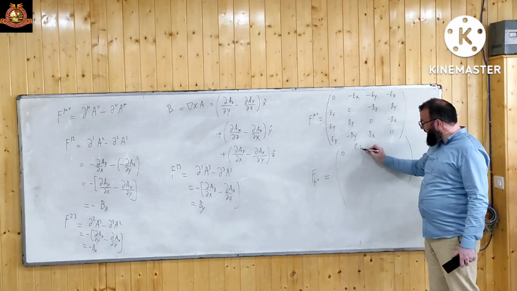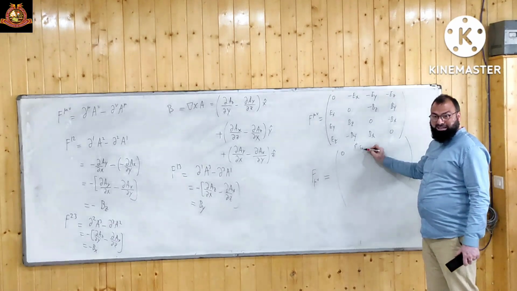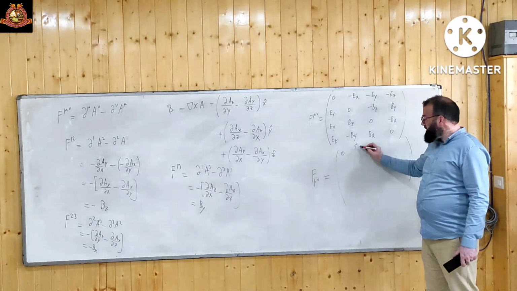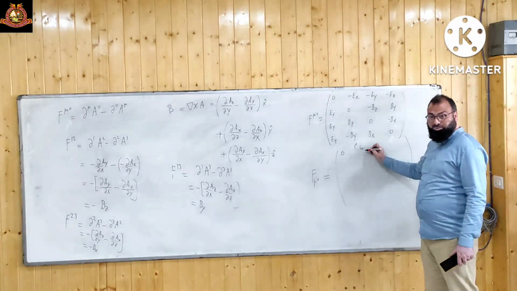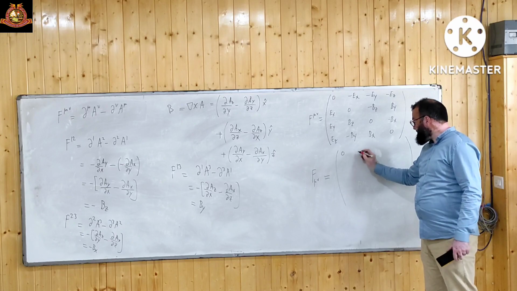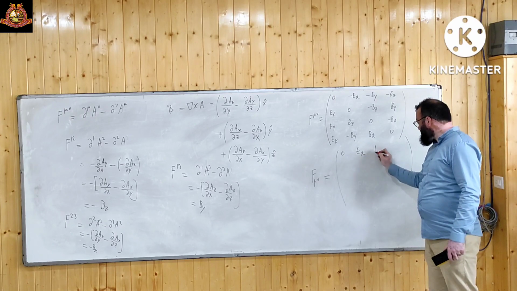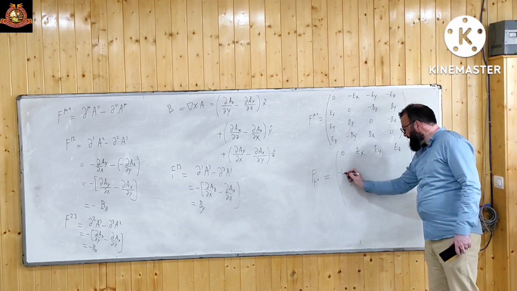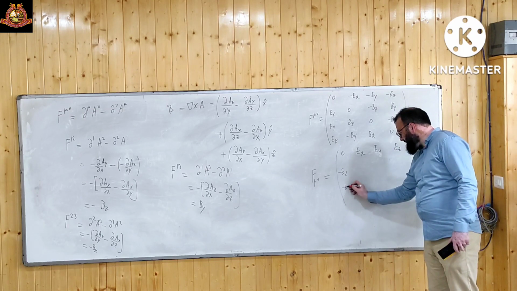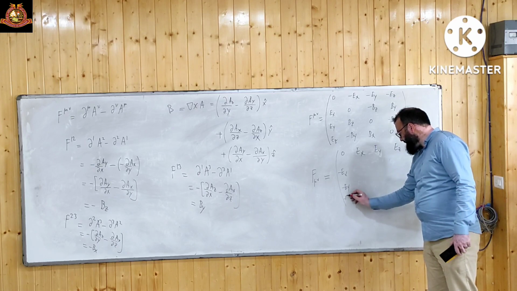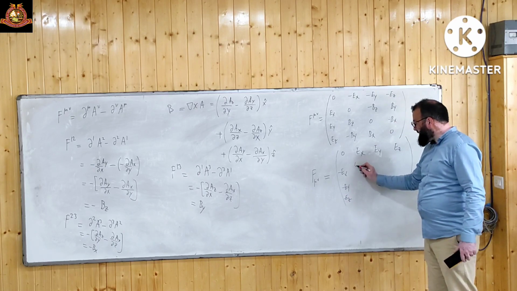I am lowering one temporal index and one spatial index. Lowering the temporal index does not yield a sign change. Lowering the spatial index yields a sign change. So this will be plus EX, plus EY, plus EZ. And this will be minus EY, minus EZ. Clear? So then this term is 0.